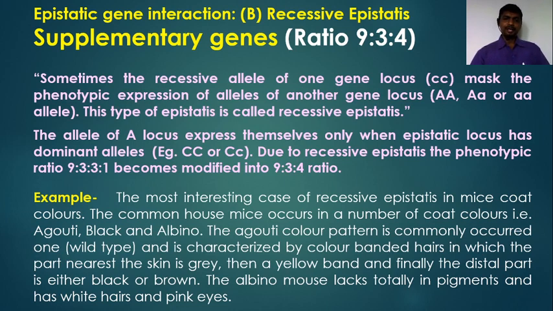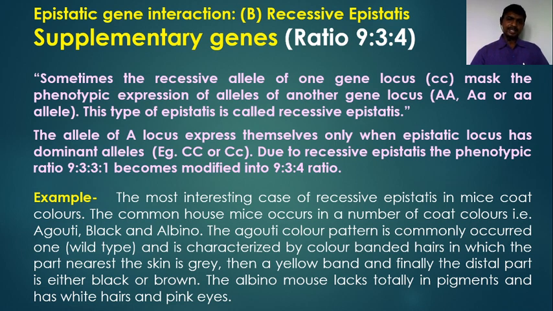The albino mouse totally lacks pigment, so it is white in color, with white hairs and pink eyes. The black mouse is black in color. So there are three types of coat colors found in house mice.